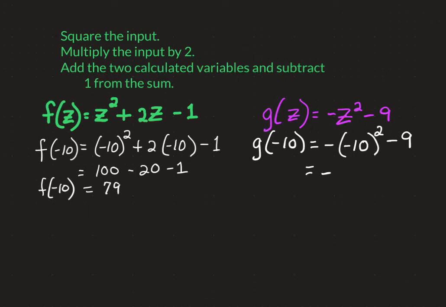What's in the parentheses is squared, so negative 10 squared is positive 100, minus 9. That gives me negative 109. So the function g of negative 10 and the function f of negative 10 return two very different numbers.